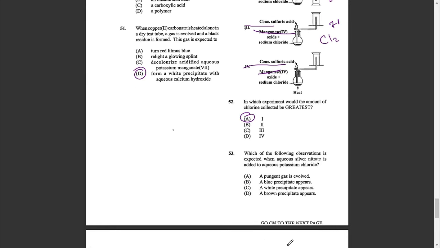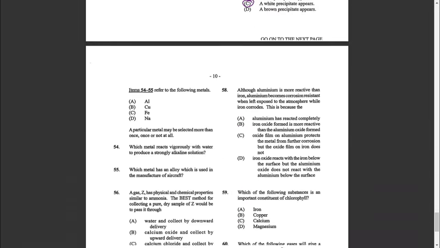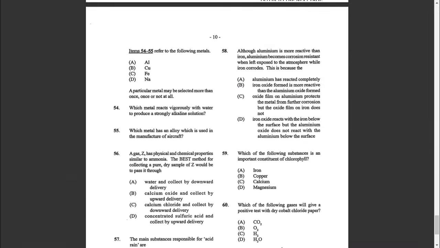53. Which of the following observations is expected when aqueous silver nitrate is added to potassium chloride? We should expect a white precipitate of silver chloride being formed, which is C. Items 54 to 55 refer to the following metals.